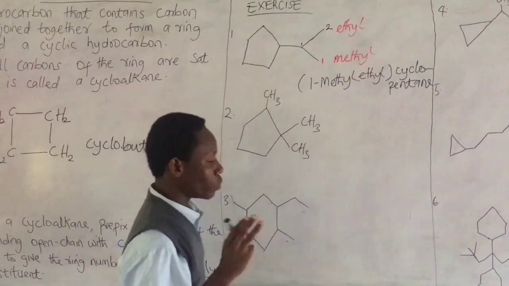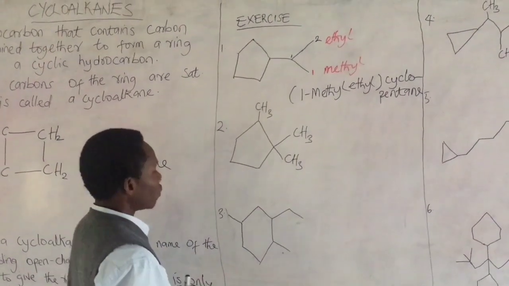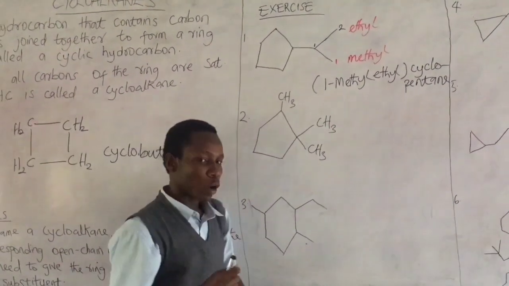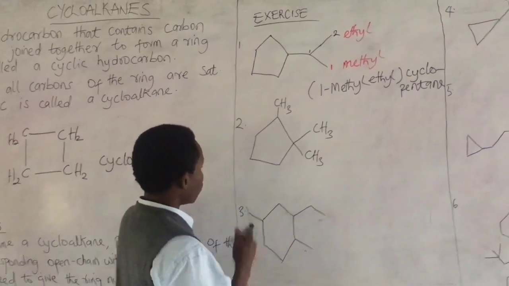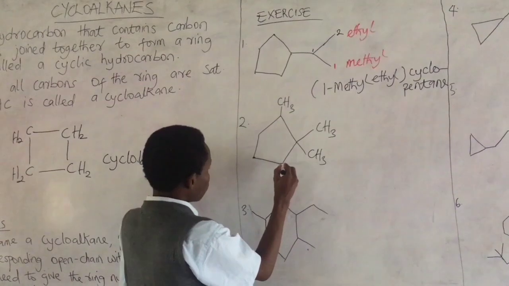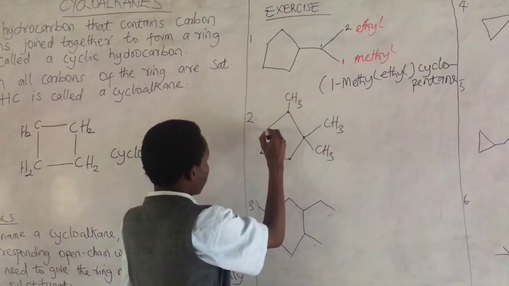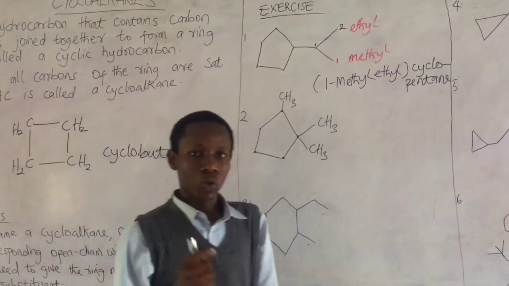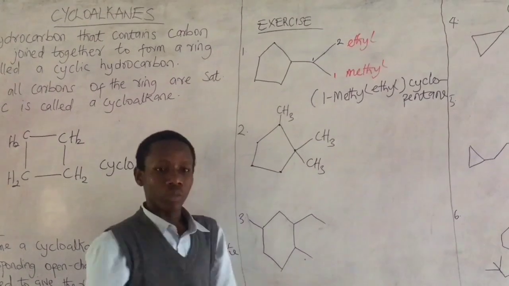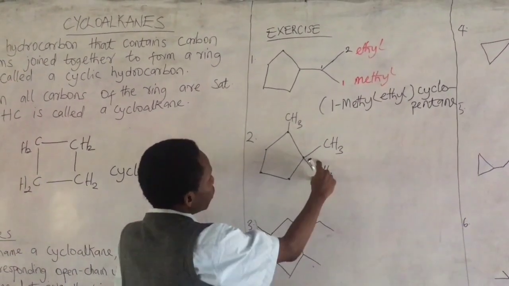We have 3 methyl groups on this particular compound. So the first thing that will prick our mind will be, what is the name of this particular cyclic compound? So we have 1, 2, 3, 4, and 5. 5 stands for pentane. So this is cyclopentane.